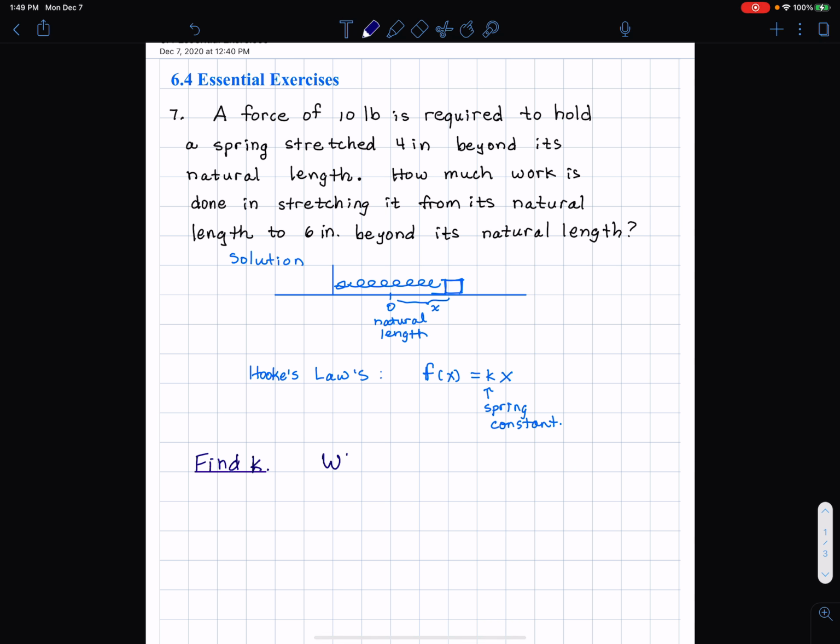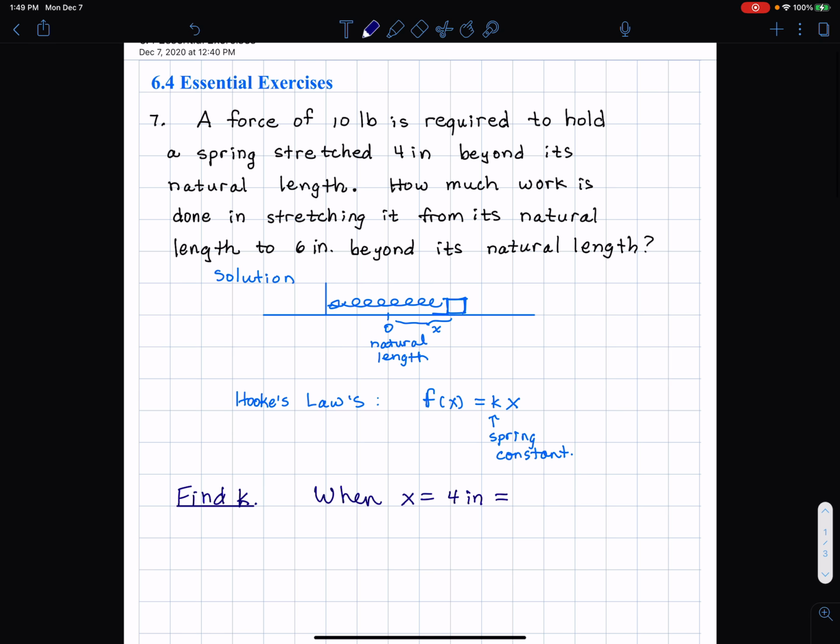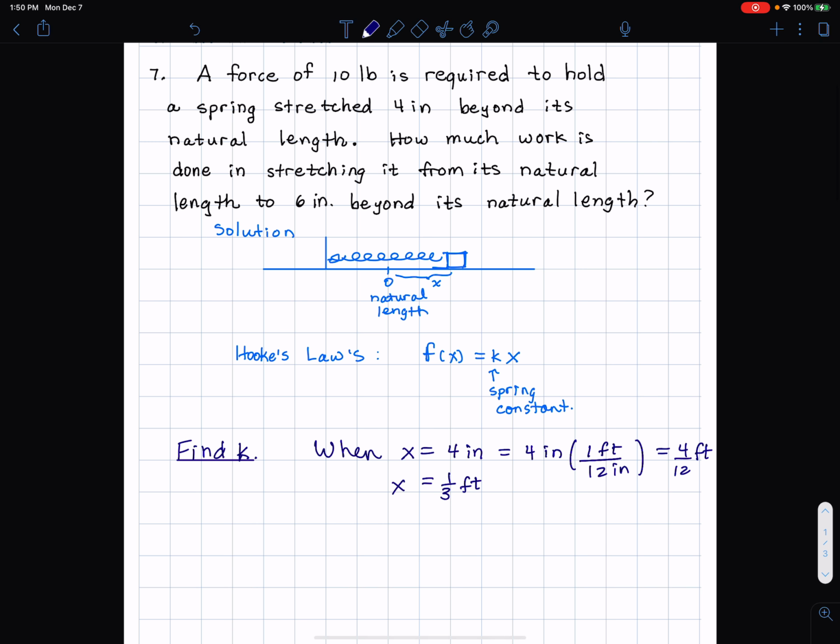So when x equals 4 inches, which is actually not the units we want to use, it's 4 inches times 1 foot for every 12 inches, which makes 1/3 of a foot. Okay, so x is 1/3 of a foot.